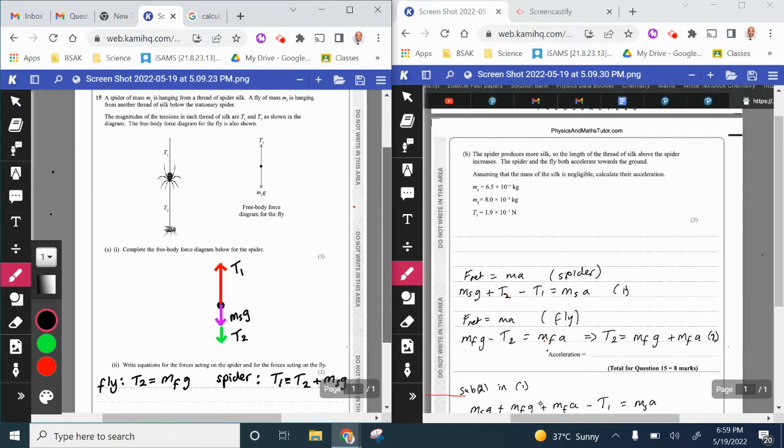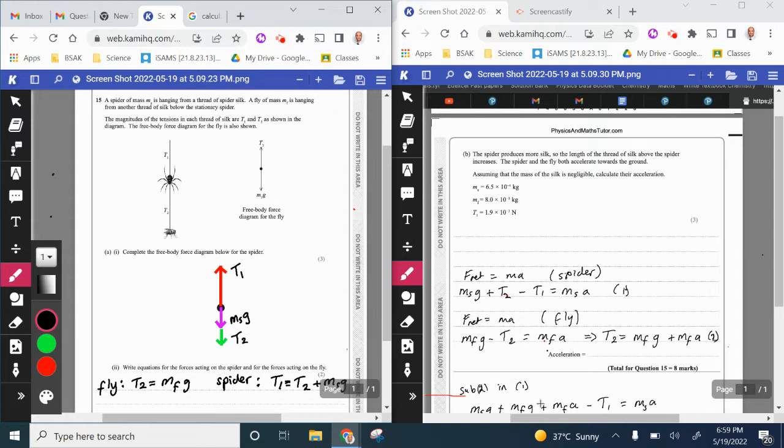Now, for the free body force diagram for the spider, we have the thread that's above the spider pulling the spider up, acting against the weight of the spider and the tension due to the pull of the weight of the fly. And they oppose the tension T1.